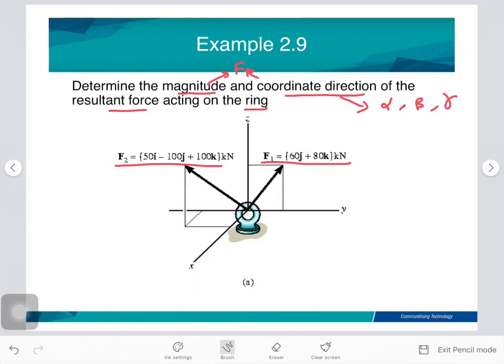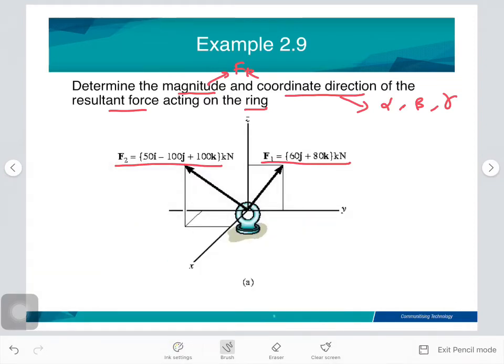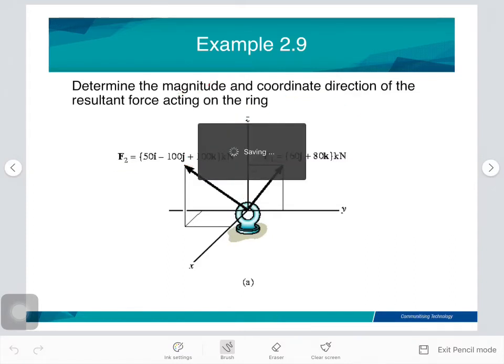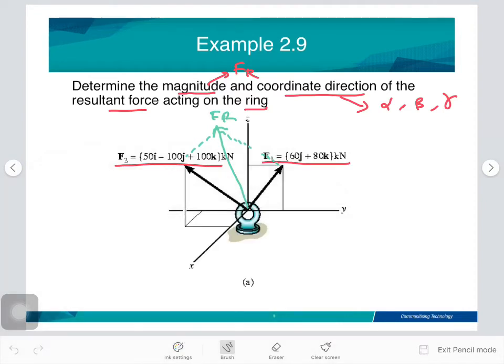So here you can have the angle definitions. Okay, you can guess this is the force resultant. So you understood that alpha is measured from the force resultant to the x-axis.